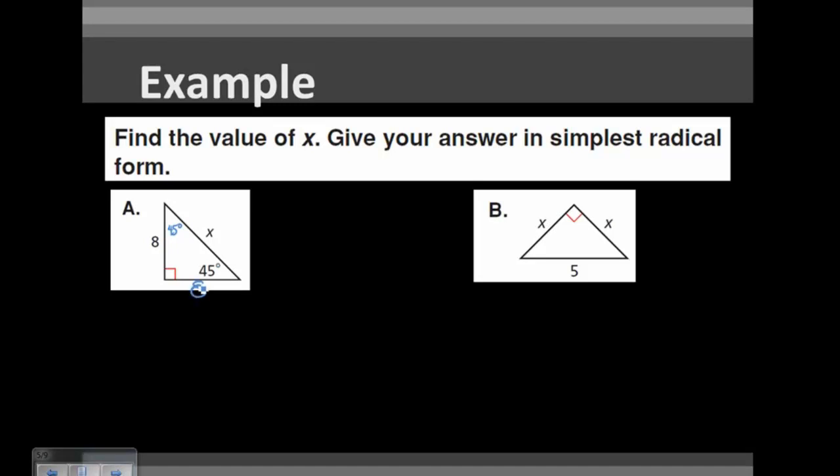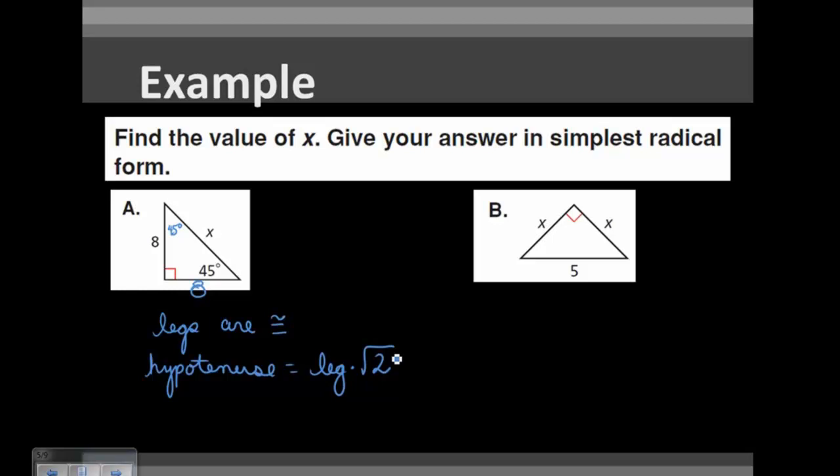So that means this side length is also 8. So in a 45-45-90 triangle, the legs are congruent, and the hypotenuse is equal to the leg times the square root of 2. That's what we had on the previous page.